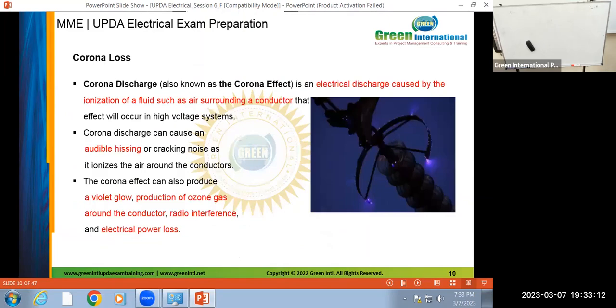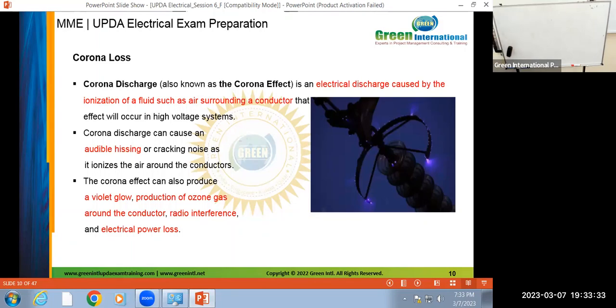Then we have corona loss. The corona loss especially occurs in the EHT line, not in other systems. So it only occurs in EHT.